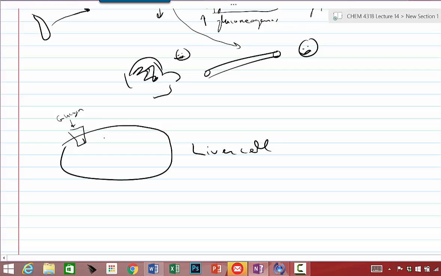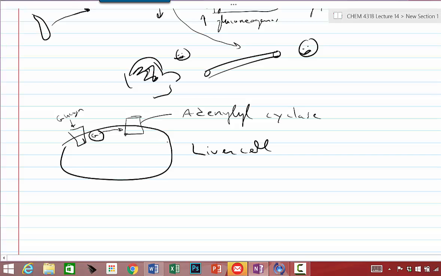And upon binding to this, there is something called a G protein, and that G protein gets activated, and it slides along the inner surface of the plasma membrane, and it turns on this enzyme known as adenylyl cyclase.